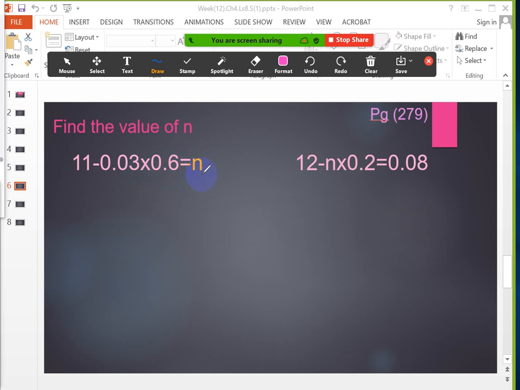That means n equals this mathematical operation, equals the answer or the product. That means I have to find this answer to find the value of n. So I have to multiply those numbers, 0.3 hundredths and 6 tenths, to find n.